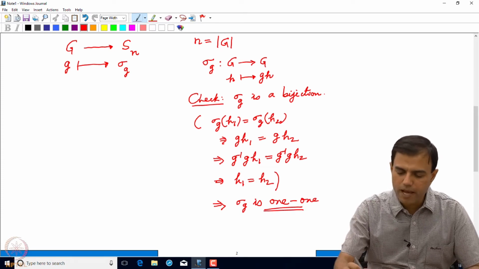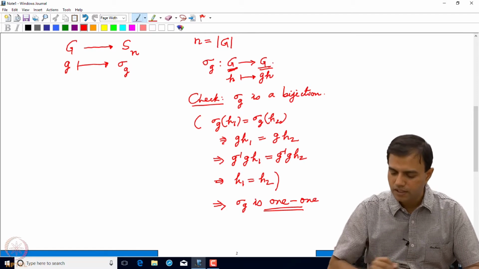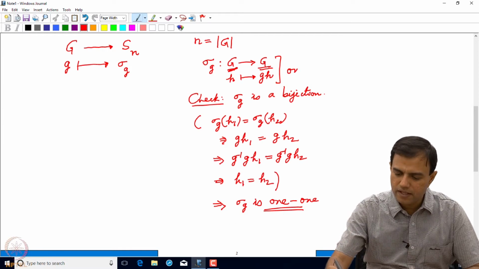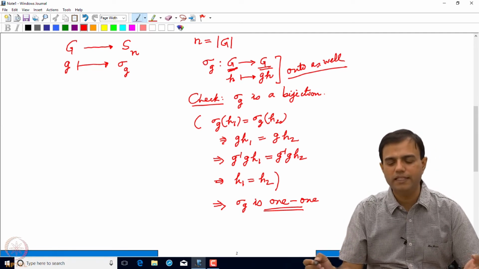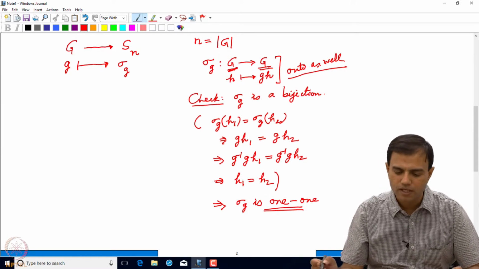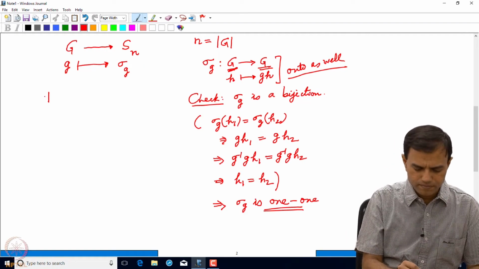So here is a 1-1 map which goes from a finite set to itself. So it has to be onto as well. It's a 1-1 onto map, that means it's a permutation, right? Any 1-1 onto map is a bijection. Bijection is precisely a permutation. So this sigma g is actually a permutation, and you can see that this is a group homomorphism.